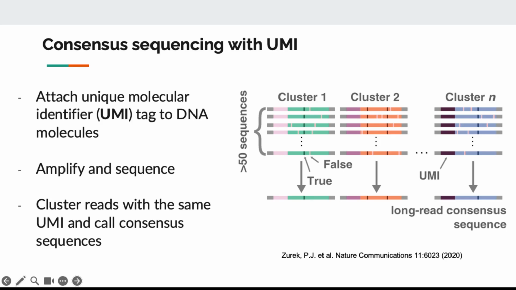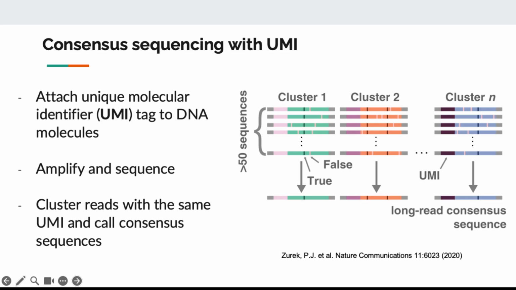So once you do the sequencing at the end, any reads that have the same tag must originate from the same molecule. So you now know that even though I have 50 reads here, these all originated from the same DNA. So they must have the same sequence. And once we have this information, we can do a consensus voting again.